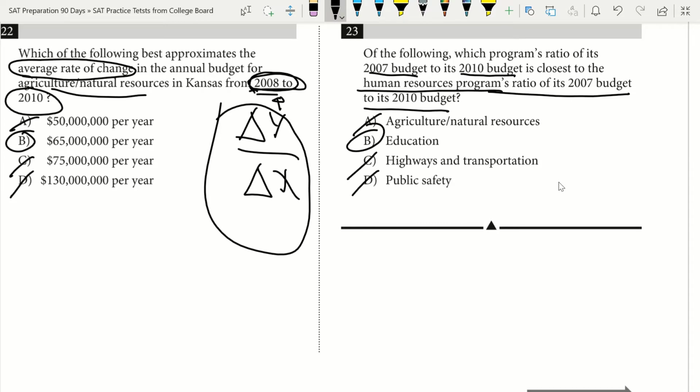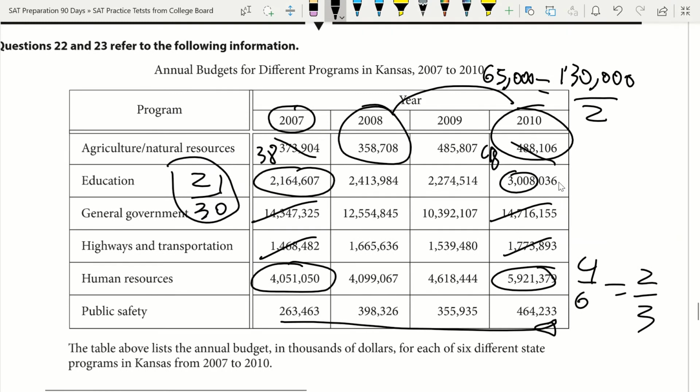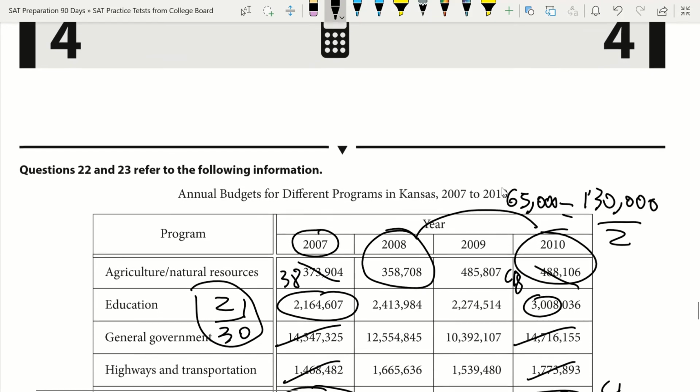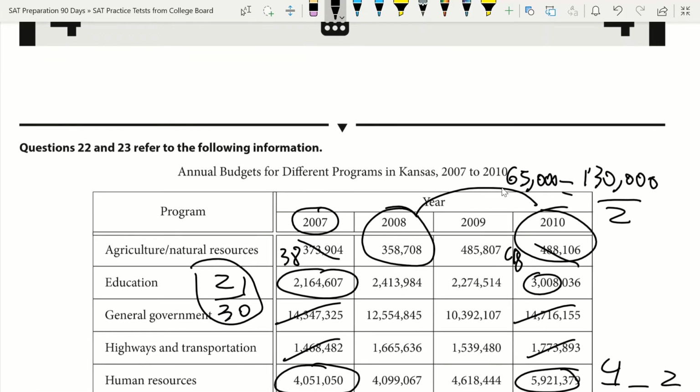One thing to note is that when I was dealing with this table, I never even used a calculator. There are times on the SAT math section where a calculator is absolutely necessary, and times when it's quicker to not use one. I've only used a calculator on maybe 4 of these questions so far, through 1 to 23.